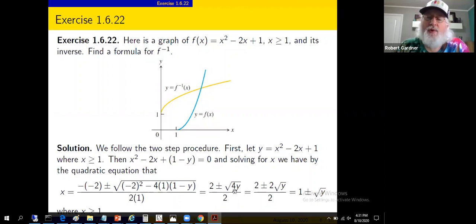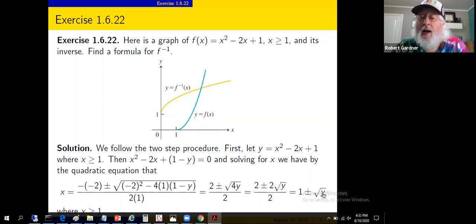The square root of 4 is 2, so let's bring that out front and simplify a little bit. So we get 2 plus or minus 2 times the square root of y, over 2. Divide that 2 into each of those, giving us 1 plus or minus the square root of y. We've got x equals 1 plus or minus the square root of y. And up here, remember, we've got the condition as well that x is greater than or equal to 1.